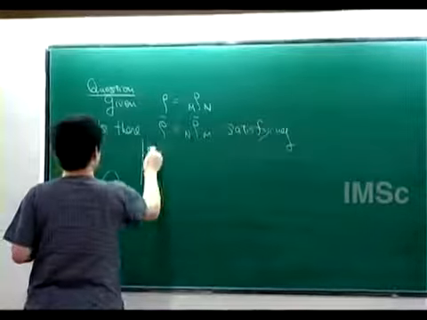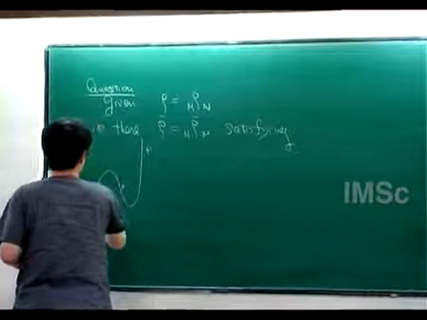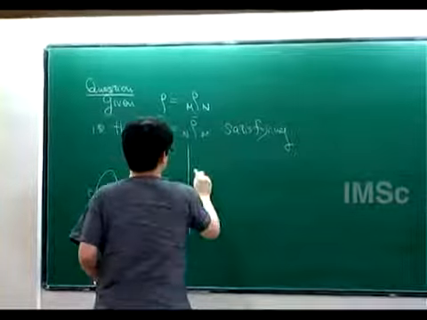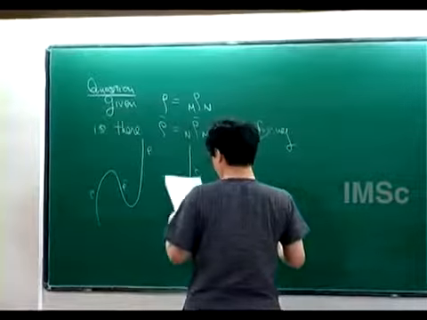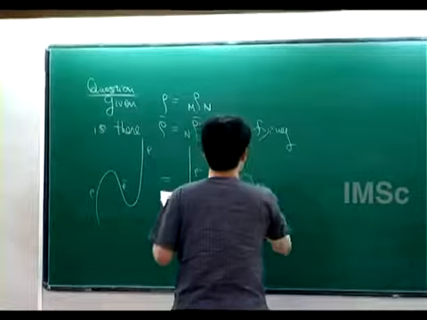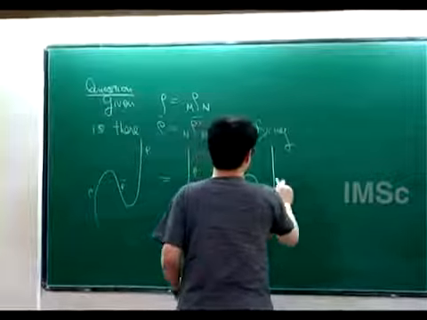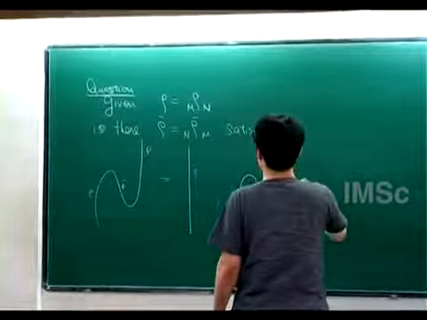So this will be rho bar rho equals rho, and also I need another one: rho bar rho equals rho bar.